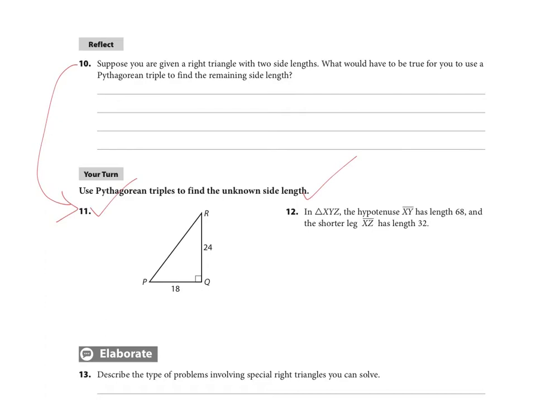You're given two side lengths. If you're going to be able to use a Pythagorean triple, two things need to be true. Number one, those two side lengths have to have a common factor. And that's like my k value that we just used in our diagram.